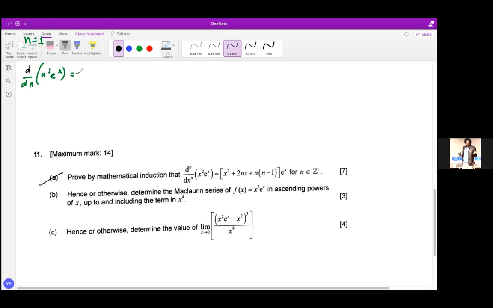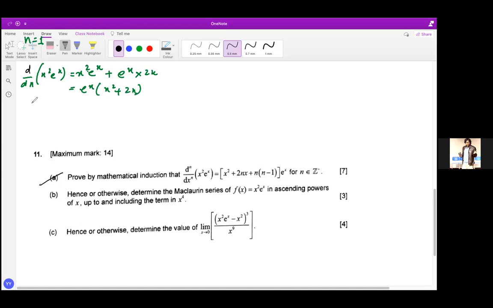If I do that, I get x squared times e to the power x plus e to the power x times 2x. So you get e to the power x times (x squared plus 2x). That's the derivative according to the product rule.